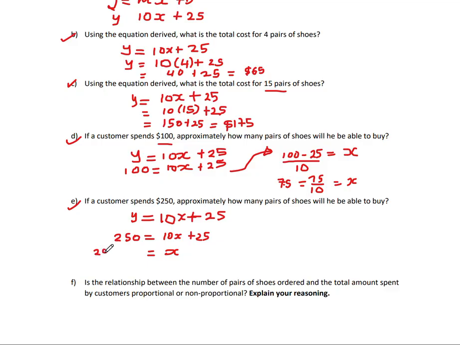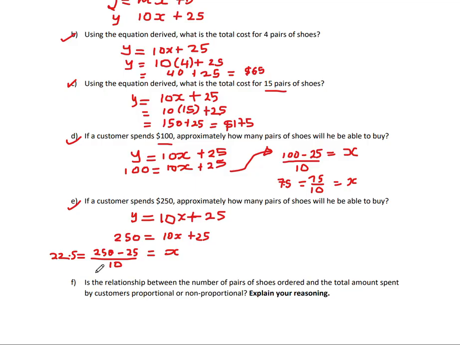And on the left hand side, we would have 250, take away 25, and we're going to divide all of that by 10. So 250 take away 25 would be 225, and 225 divided by 10 would be 22.5.